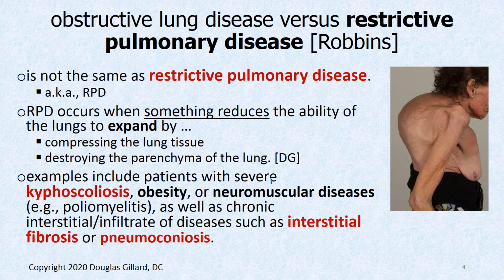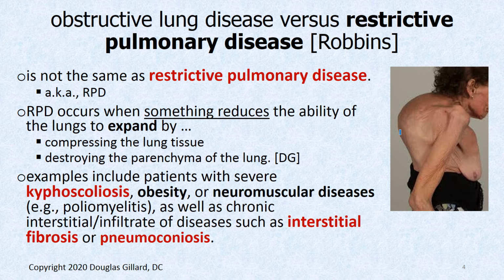Relevant to chiropractors, kyphoscoliosis, severe kyphosis, can crunch down on the lungs, and they can't expand because the chest cavity is so distorted. Severe obesity and neuromuscular diseases like polio can also do this. But scoliosis is notorious for knocking out pulmonary function, and you could get a restrictive pulmonary disease.